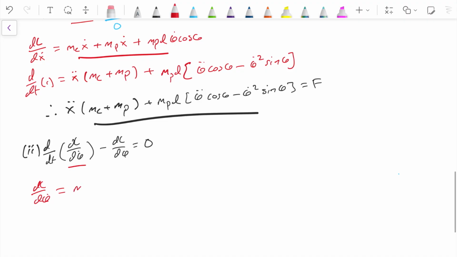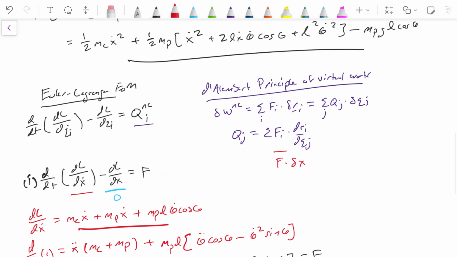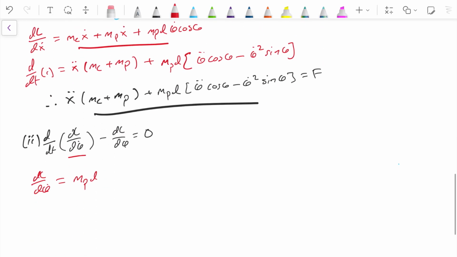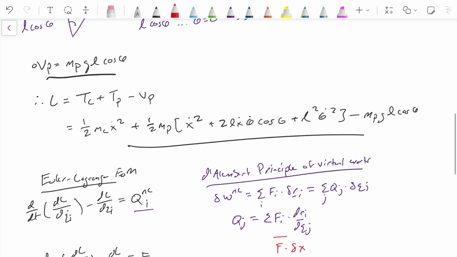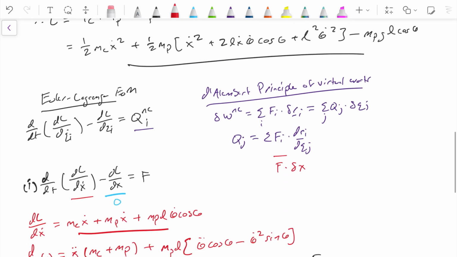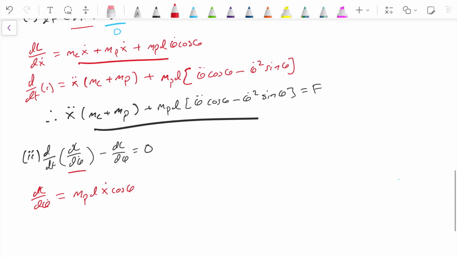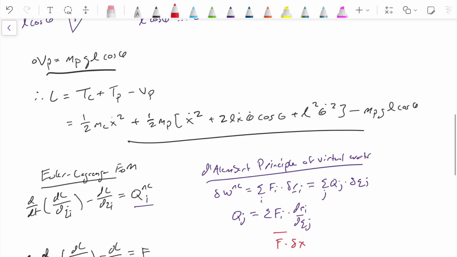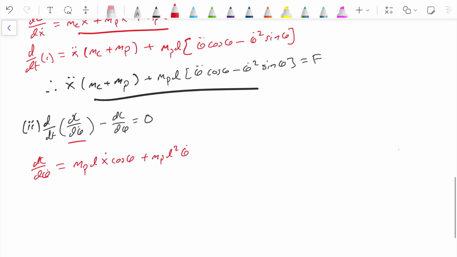We have MPL x dot cosine theta, and then MP L squared theta dot. The 2 drops, we get that cleanly.